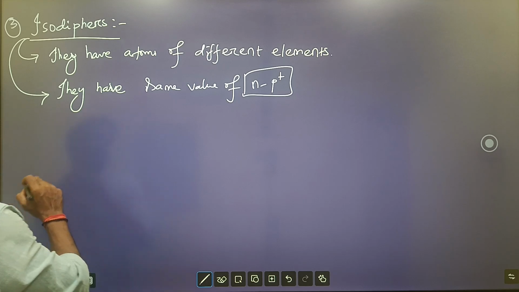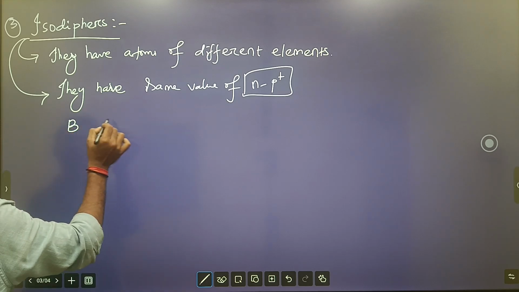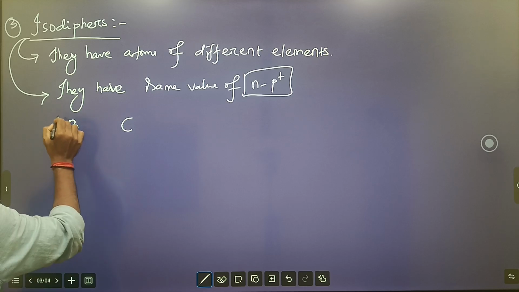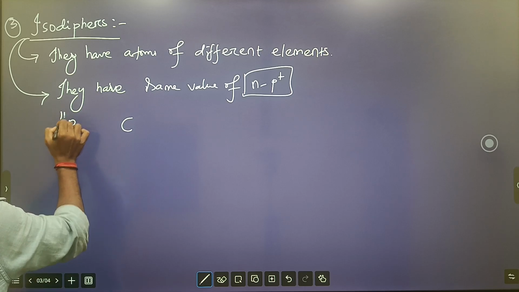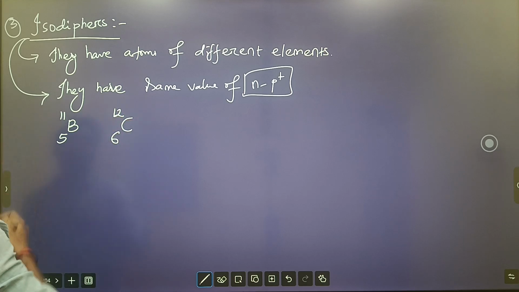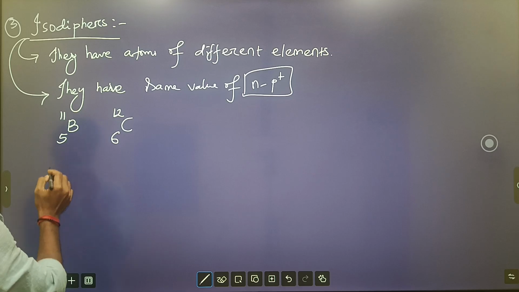One example we will take is boron and carbon. Boron has 5, 11, carbon 6, 12. These are the atoms of different elements. They have the same n minus p. So let's check.